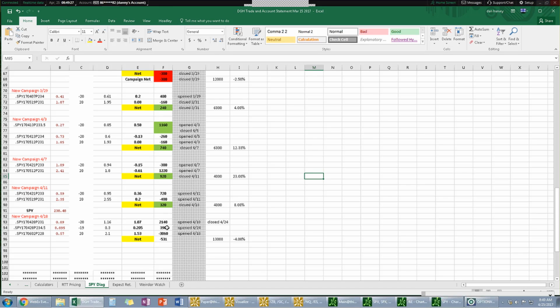So that's sort of the interplay on these, and you just need to continually monitor this, which I will be doing as part of the service. But from an educational point of view, I would recommend that you set up some sort of spreadsheet or some other way of monitoring. Maybe you can do it on your platform, monitoring these real time, because it's a constantly changing trade, as you see here.